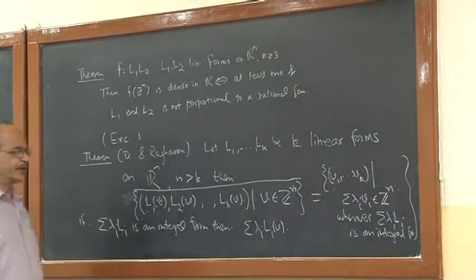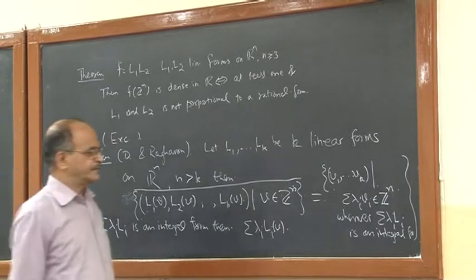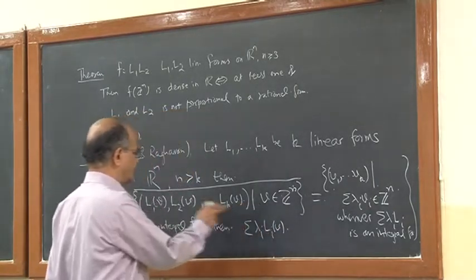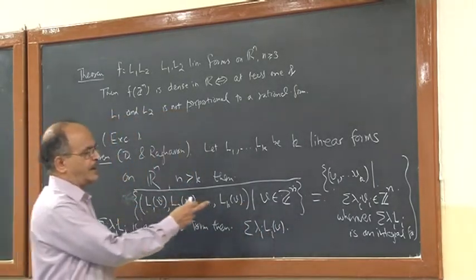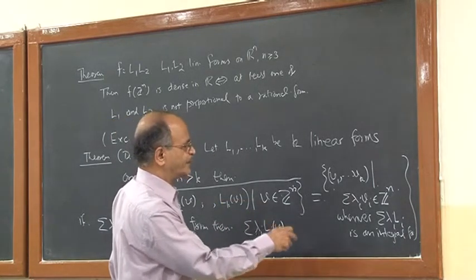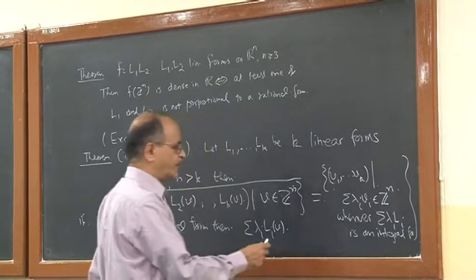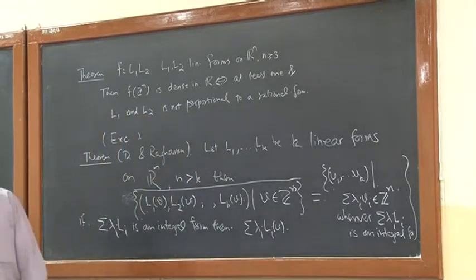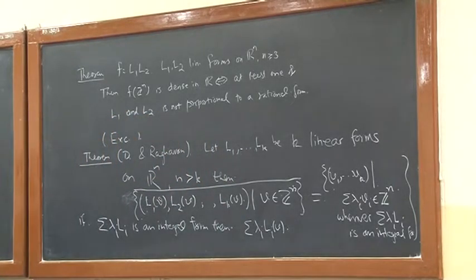In particular, this is dense in R^k if and only if there is no linear combination of the Li's making it into a rational form.